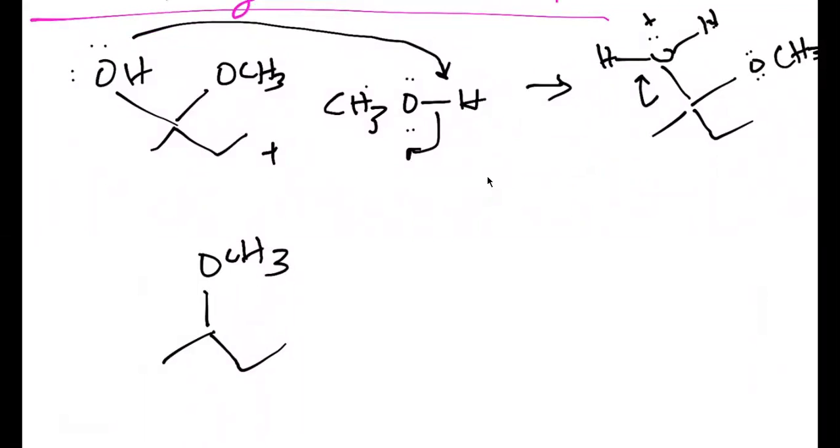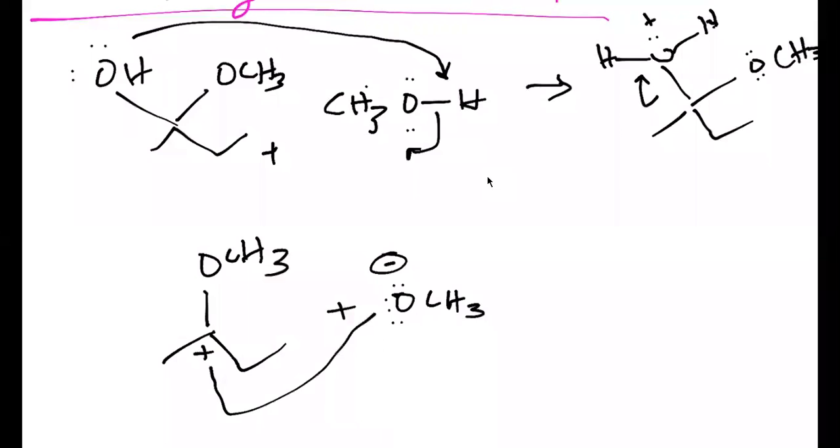Right, there's a plus charge on this carbon, and then the OCH3 minus that's still kind of hanging around. Now that can react with that carbocation. Right, so now this comes here, boom.